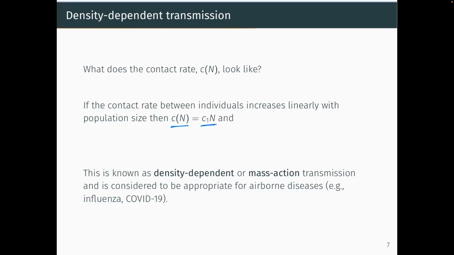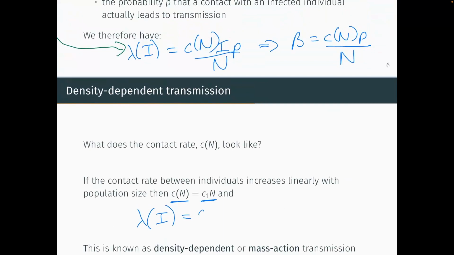So you can then write lambda of I as equal to, well, we're just going to substitute this C1 of n into what we had on the previous slide. So instead of C of n, we have C1 times n times I times P over n.